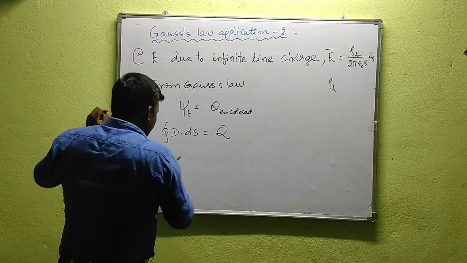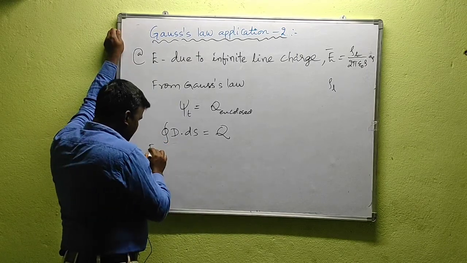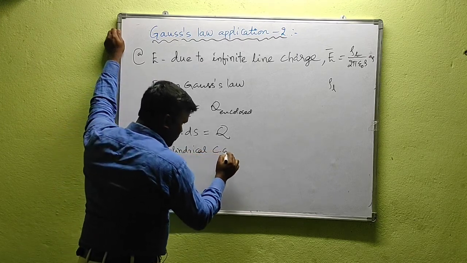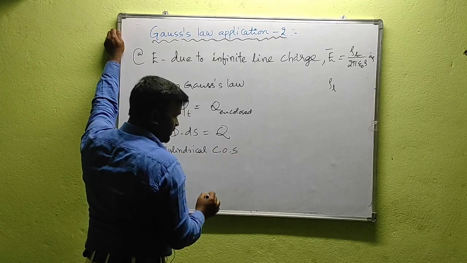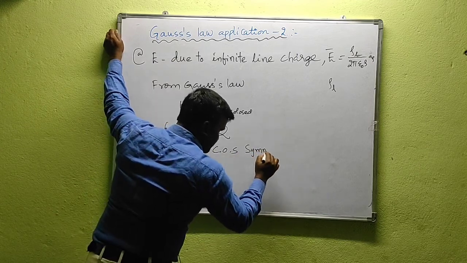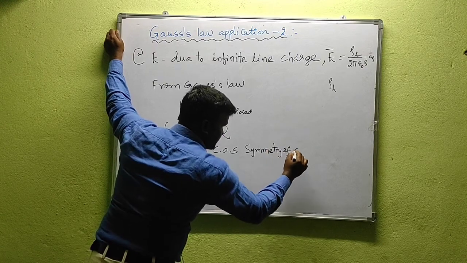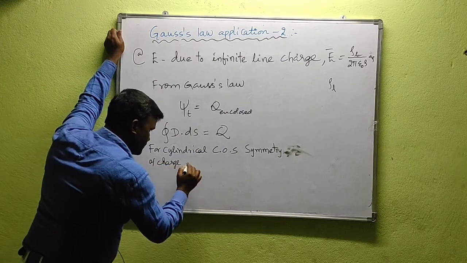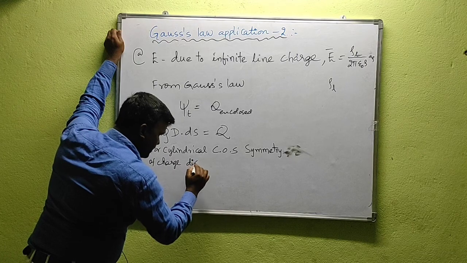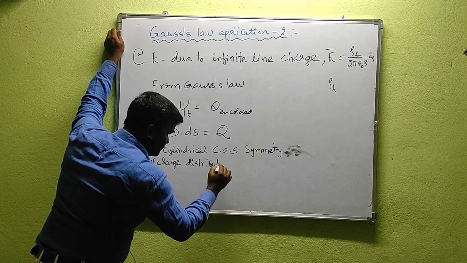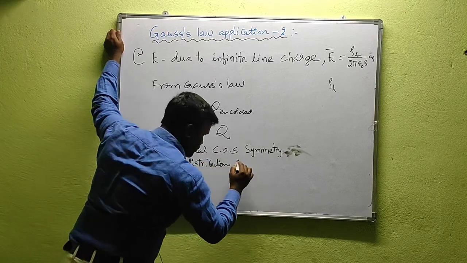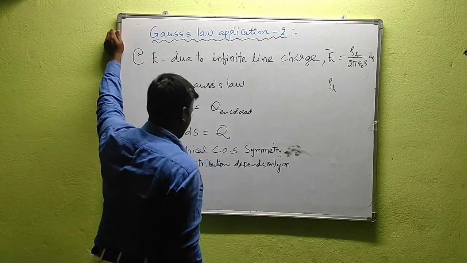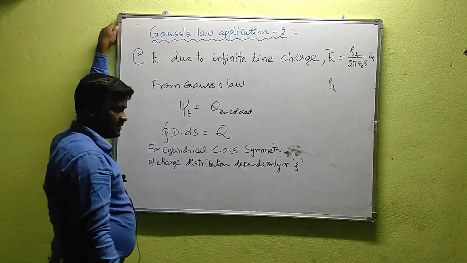For the cylindrical coordinate system, symmetry depends upon the symmetry of charge distribution, and the symmetry of charge distribution depends only on rho.